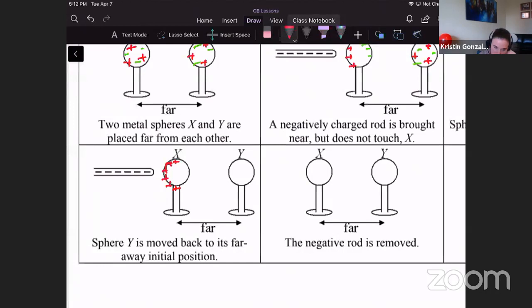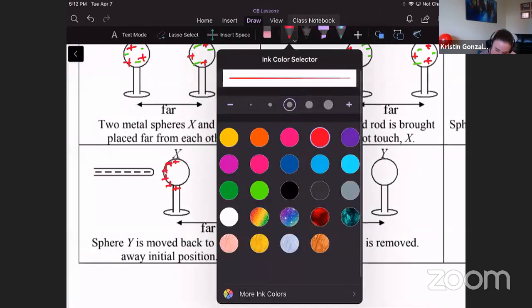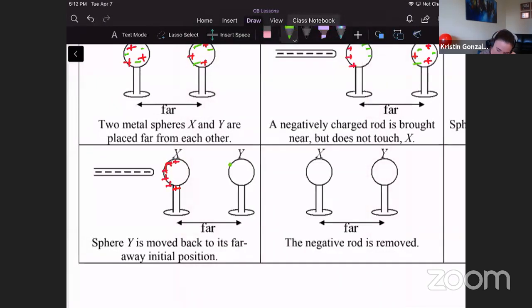But where are those charges going to be, since this is far, far away, those negative charges don't want to be close, they're going to spread back out on the surface of that sphere. And then we take that negative charged rod away, and now we can have that evenly distributed positive charge too. So we get two oppositely charged spheres in the end, right?